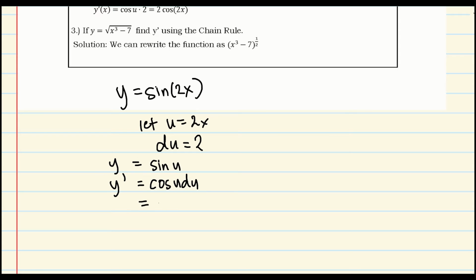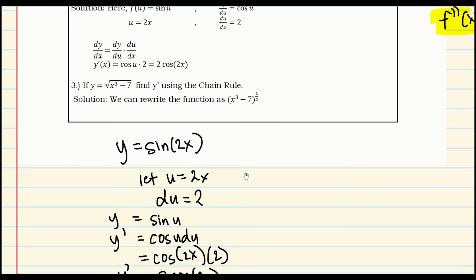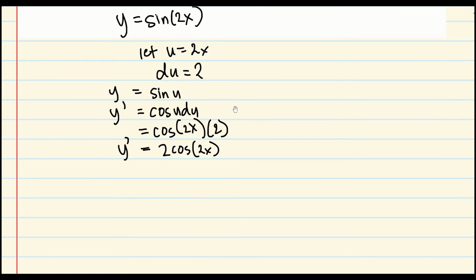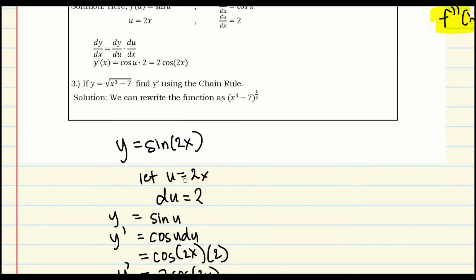Then we put what is our u, 2x, multiplied by 2, and our answer will be 2 cosine 2x.